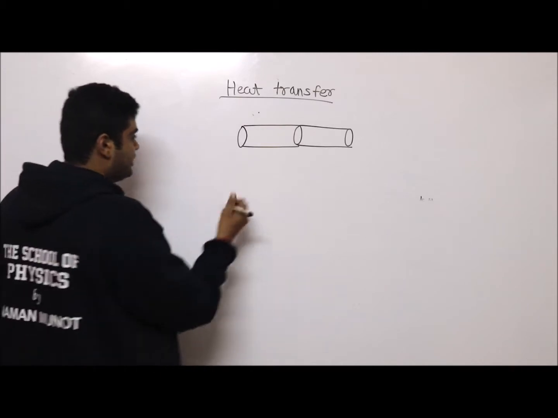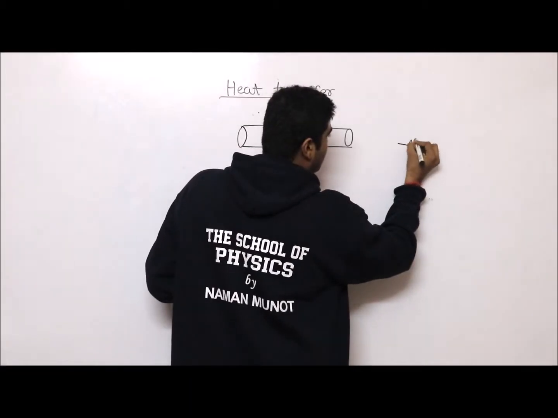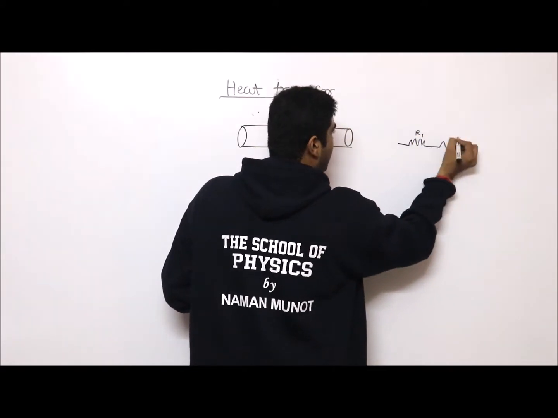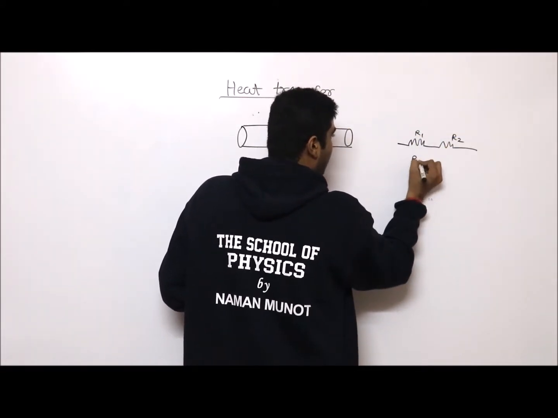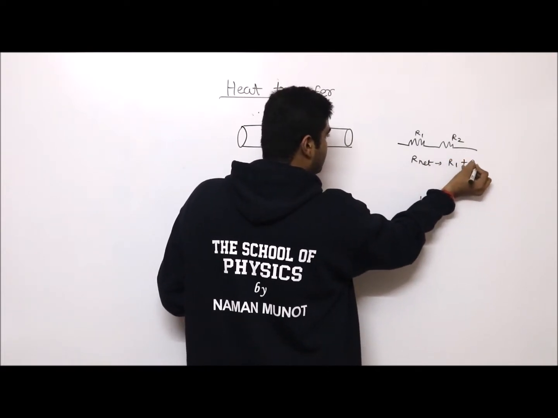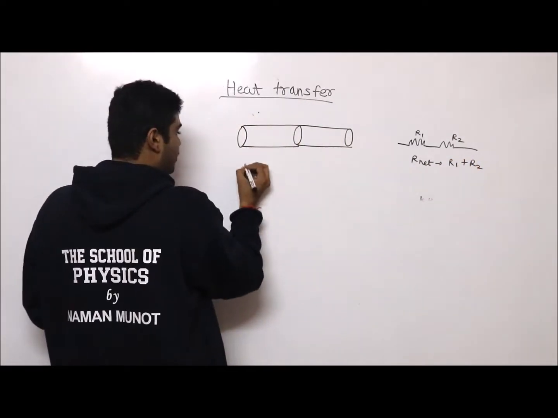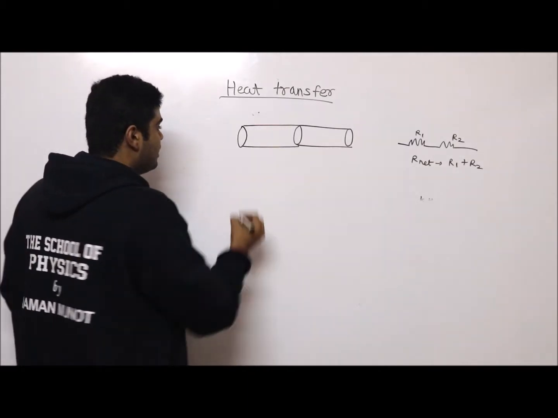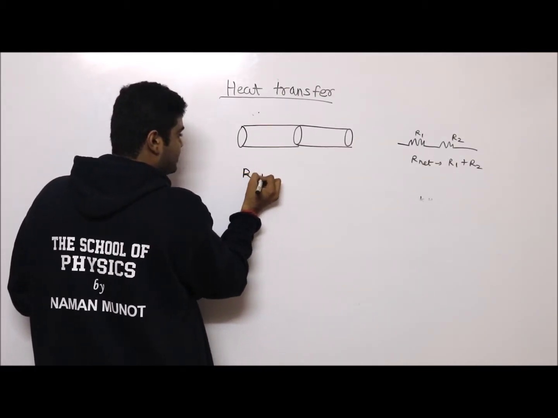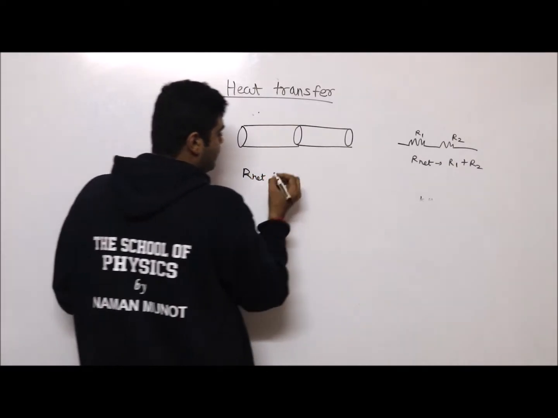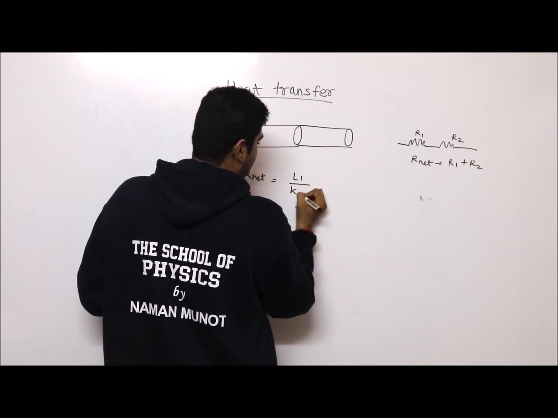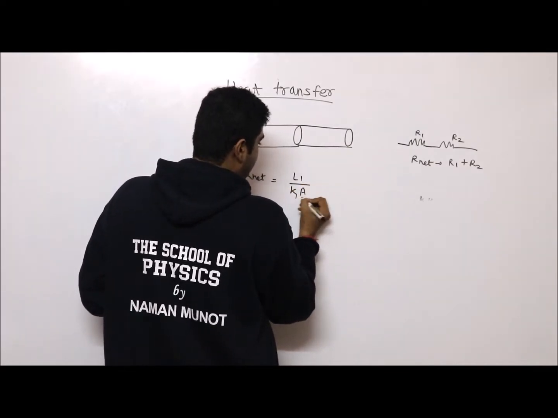Two rods in series, like there we had two resistors in combination in series, R1 R2. So what used to be the R net there? The R net there used to be R1 plus R2. Similarly, what will be the thermal resistance net here? R net, thermal resistance net, is equal to R1 plus R2, that is L1 by K1A plus L2 by K2A.